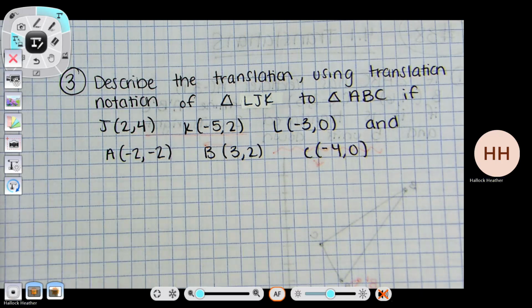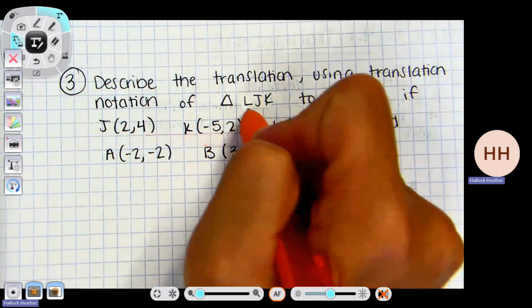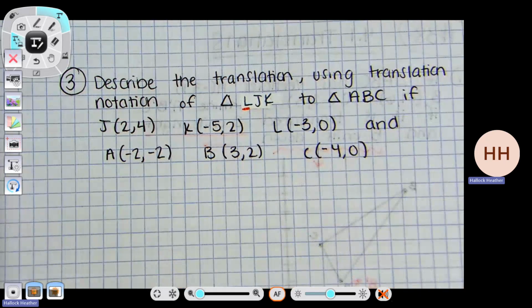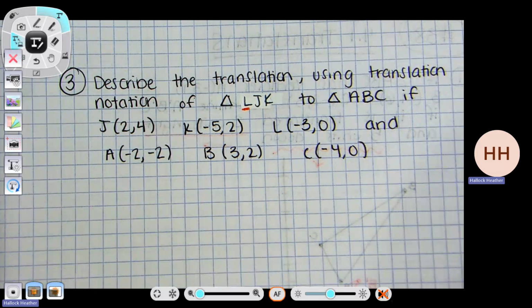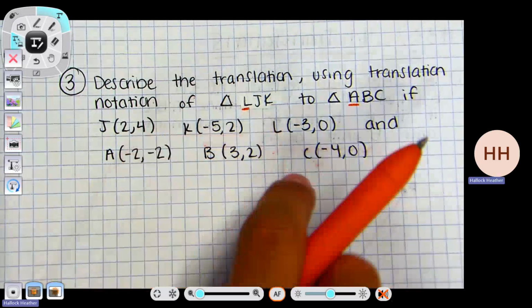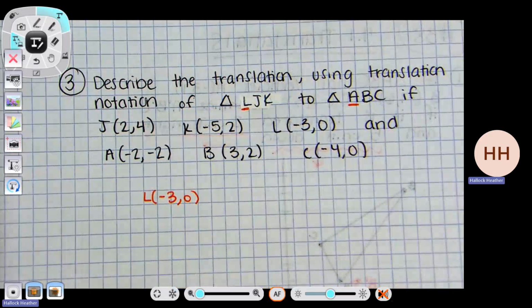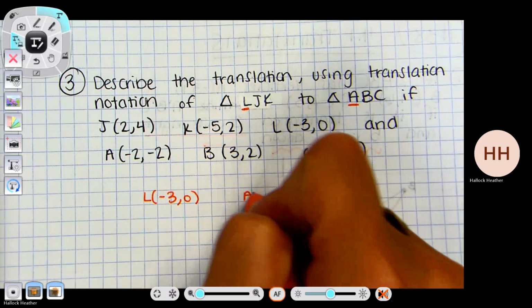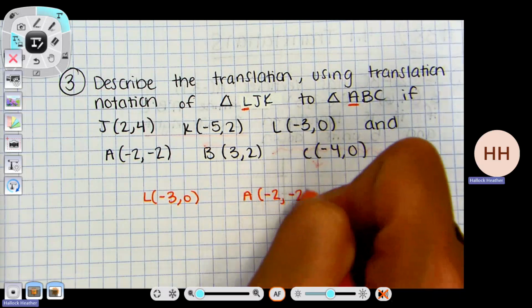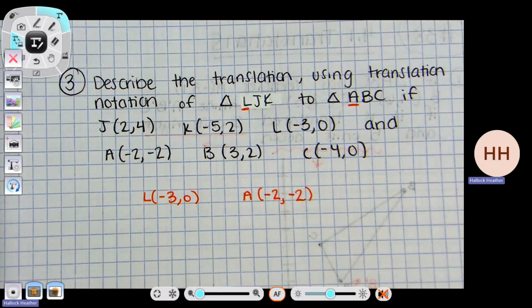So the way it's written, if I look at L first, L technically matches with the first letter in the second triangle. So L matches with A. So what's L's coordinate point? Because it's kind of out of order and scrambled. -3, 0. And then I'm comparing that to A. What's A's coordinate? -2, -2. What about the second letter?